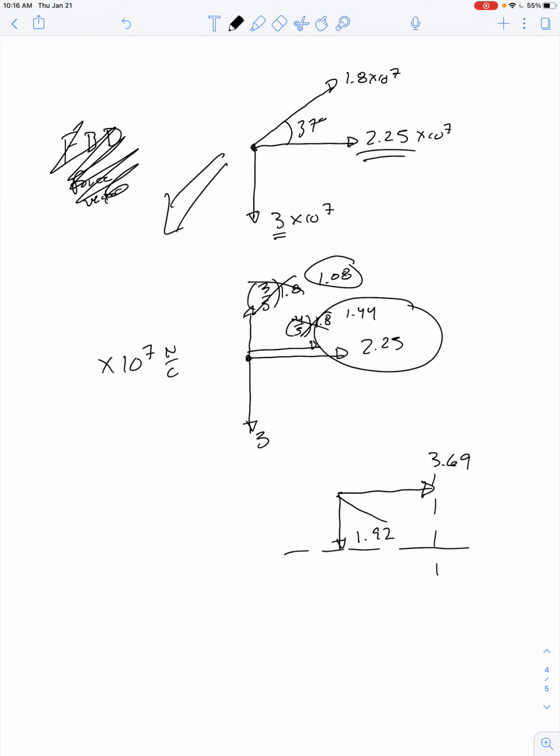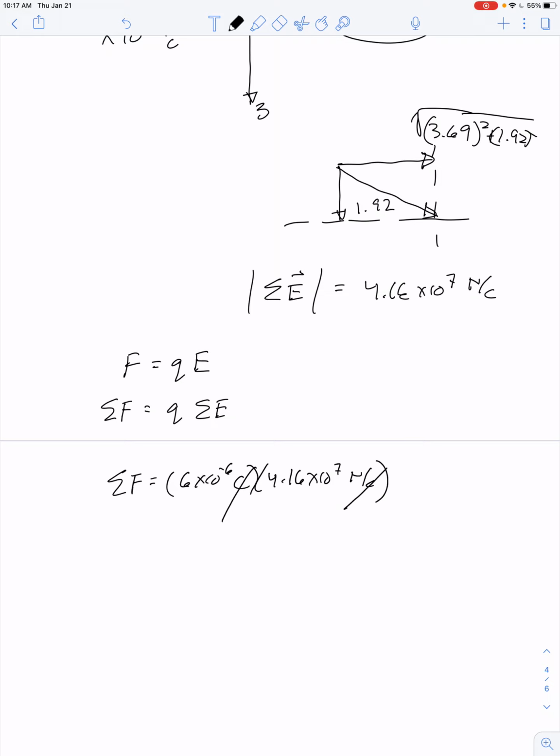So the net force is 6 times 10 to the negative 6th coulombs multiplied by 4.16 times 10 to the 7th newtons per coulomb. Coulombs cancel out. And we get the exact same answer we got in the previous lesson of 250 newtons.